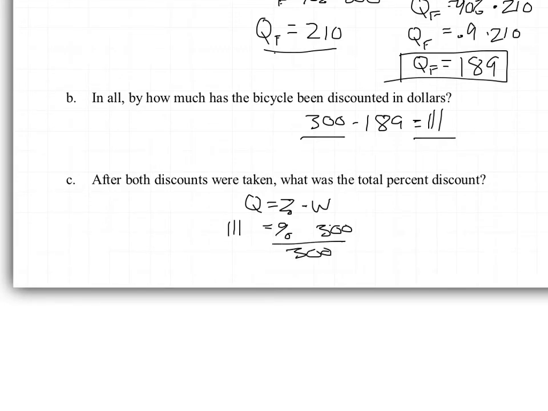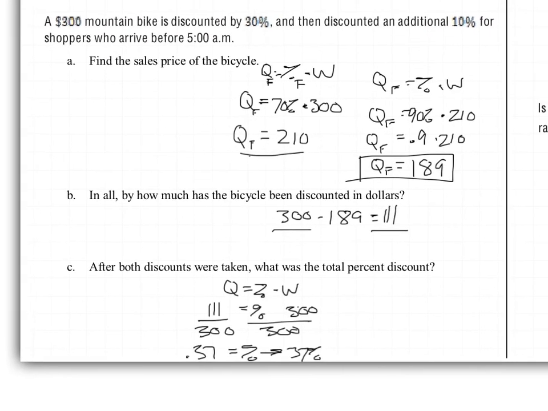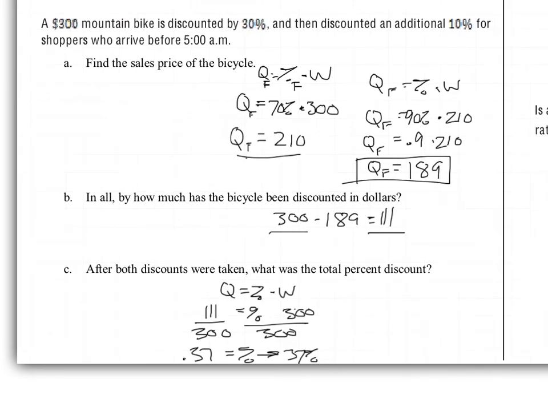Do the division. And after we calculate this, 111 divided by 300 is going to be equal to 0.37, or 37%.